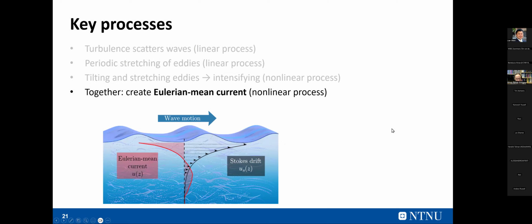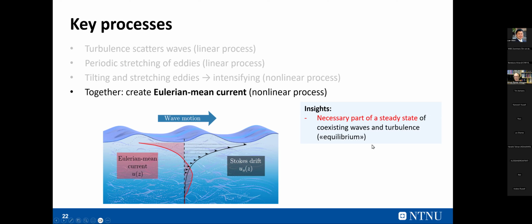And now's the new bit. Together, for this to happen and to have a steady state process, it is actually necessary that an Eulerian mean current is set up, which partly opposes the Stokes drift.